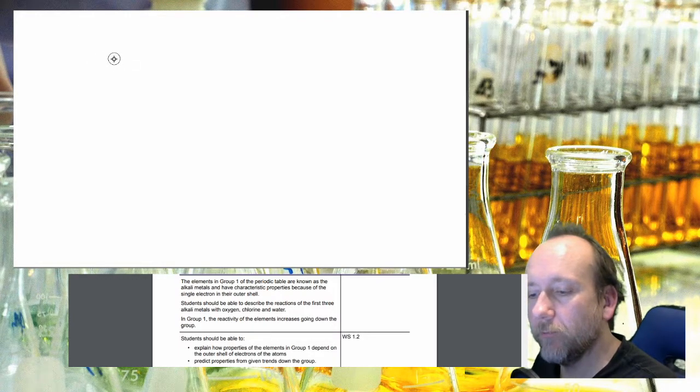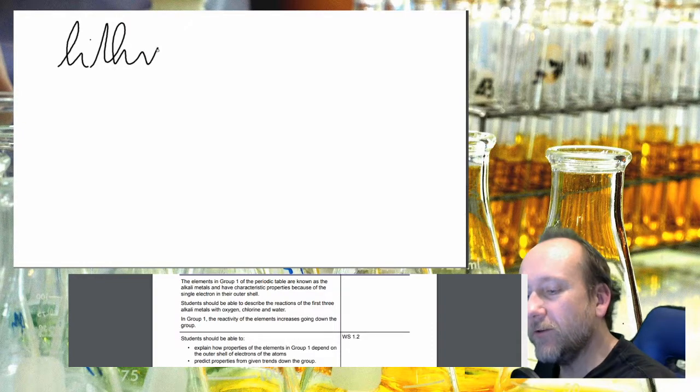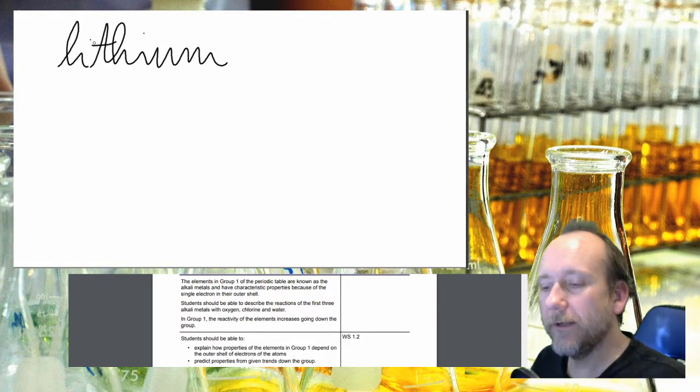So the good news is that although it appears you have to learn 3 separate reactions, one with oxygen, one with chlorine and with water, by the time that you've got one of them under your belt, the other ones just need to be substituted with the corresponding metal.